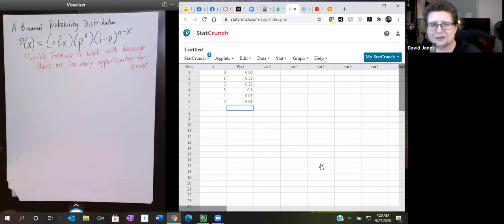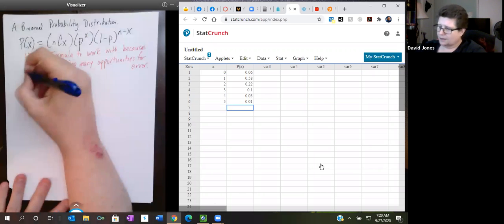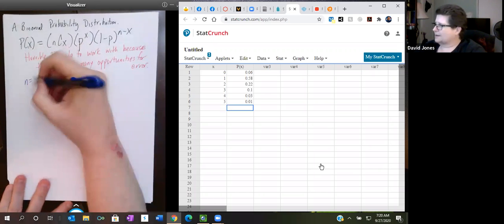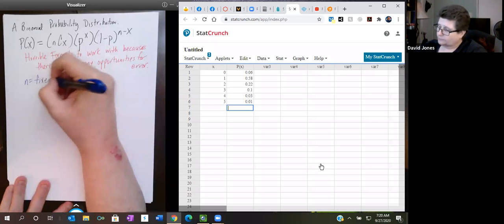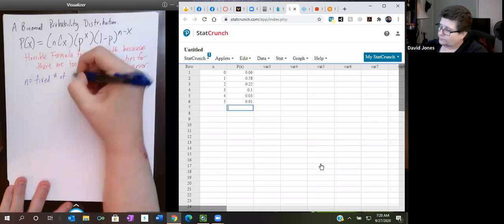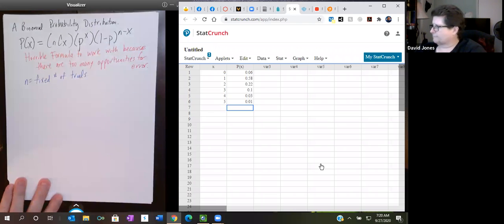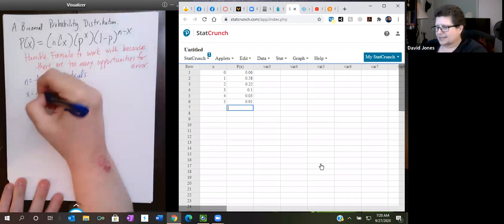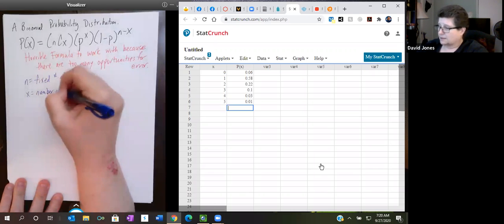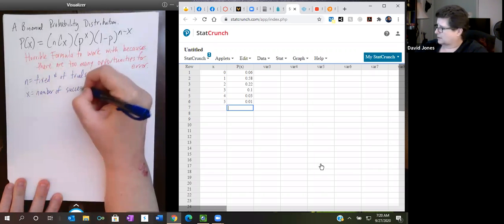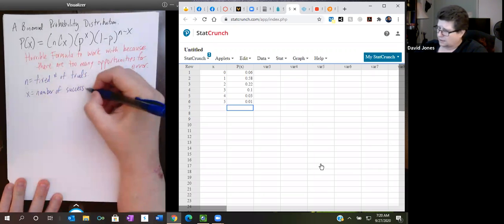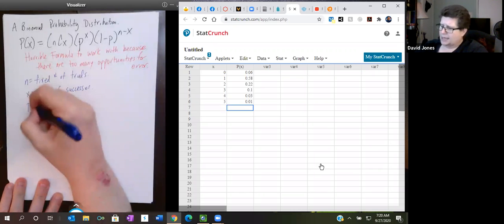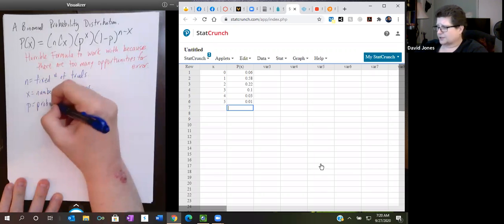You might have all the values right, have all the numbers right, and the calculator entry wrong. But you should know what they are. N is the fixed number of trials. X is the number of successes. And P is the probability of success for a single trial.